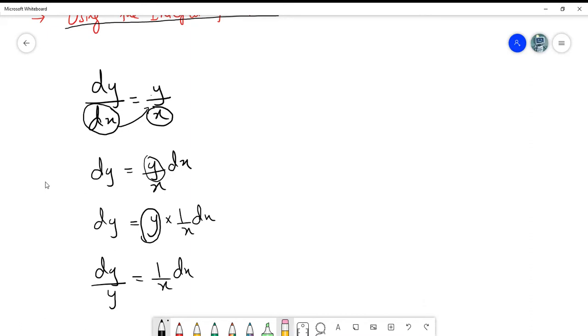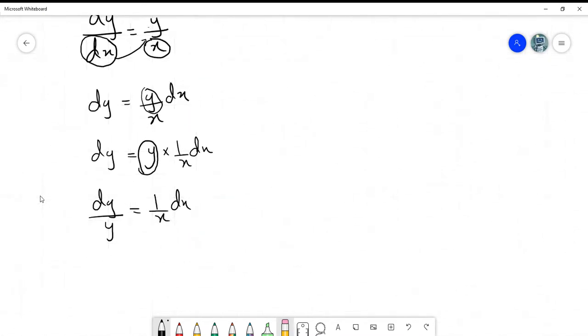Moving ahead, I can write dy over y as 1 over y dy, which is equal to 1 over x dx. All that needs to happen now is we need to integrate both sides.